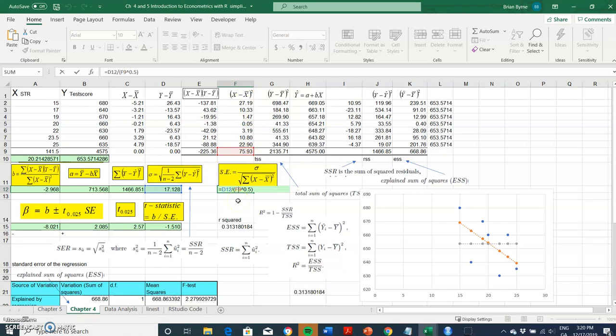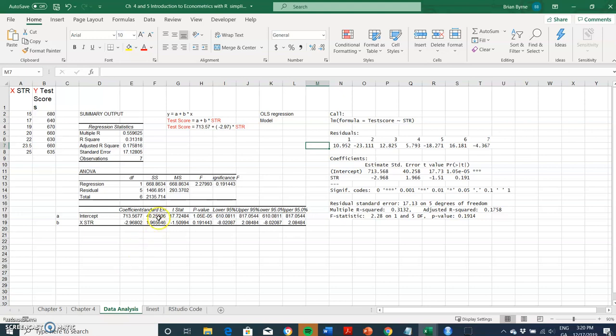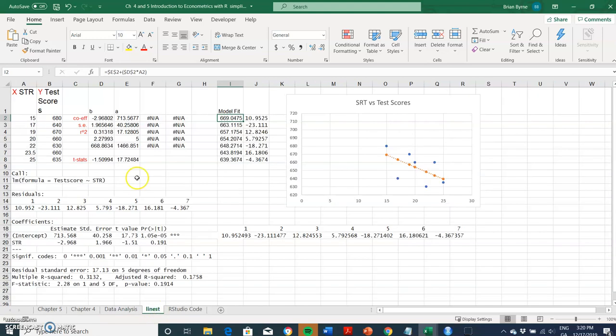Okay, so just to place this number in terms of the overall output from the regression, the 1.965, if we go into our data analysis, we observe that value here, and if we go into the LINEST, we observe the output also 1.96. So that is the standard error of the coefficient associated with the student-teacher ratio. Likewise, the same values observed here, 1.966.